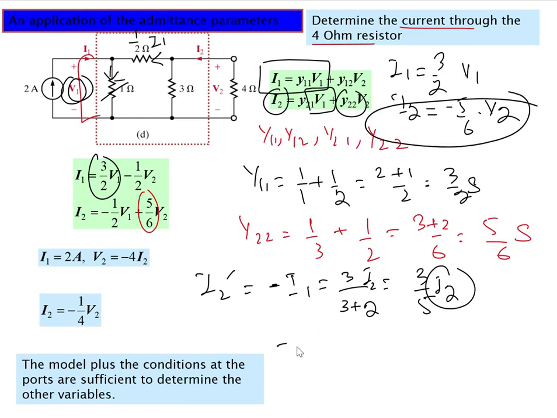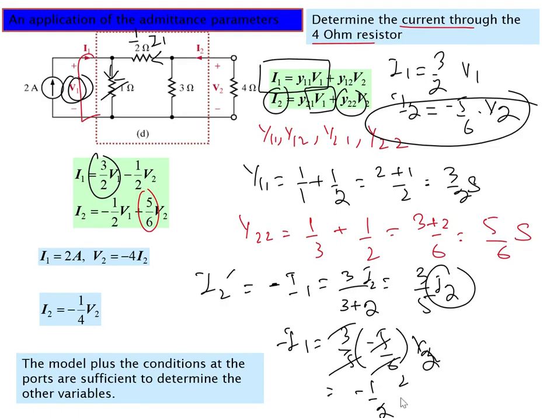We will have minus I1 is equal to 3 by 5 into minus 5 by 6 into V2. So that will become minus 1 by 2 V2, which is I1.